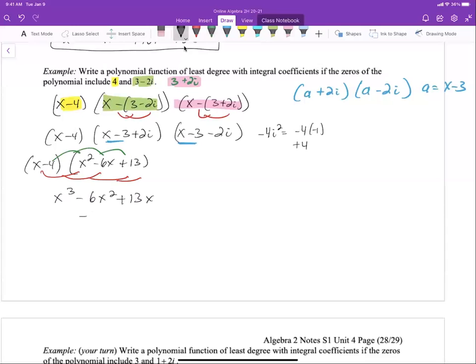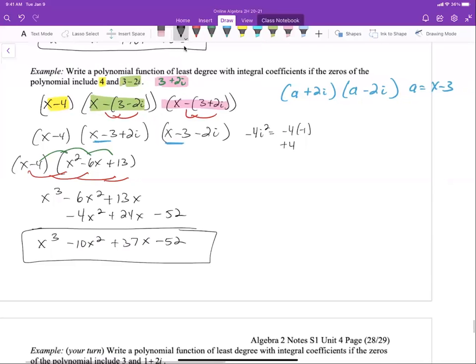And then I get negative 4x squared plus 24x minus, why can't I do that one in my head? 52, I believe. Let's double check. 4 times 13, 4 times 3 is 12. Yep, 52. All right, I get x cubed minus 10x squared plus 37x minus 52. And that is my answer.